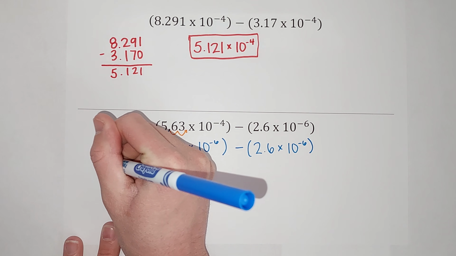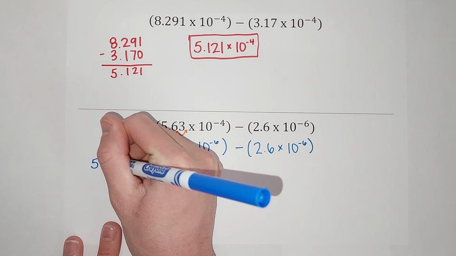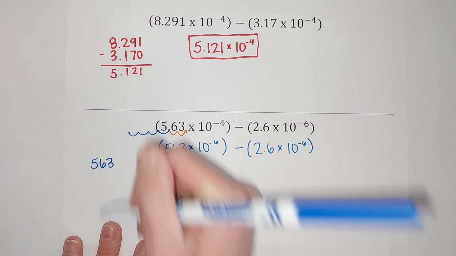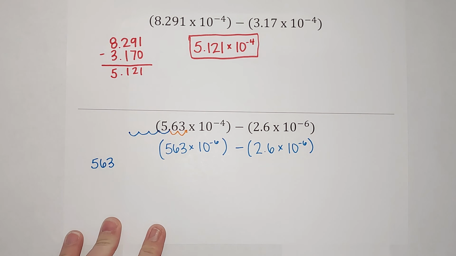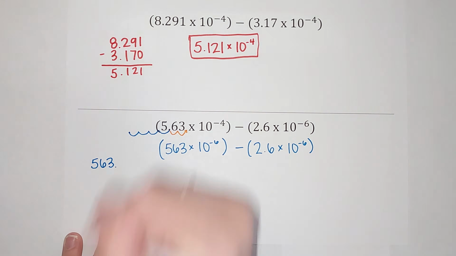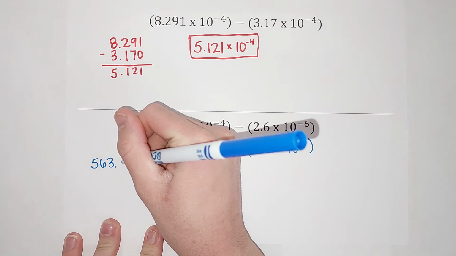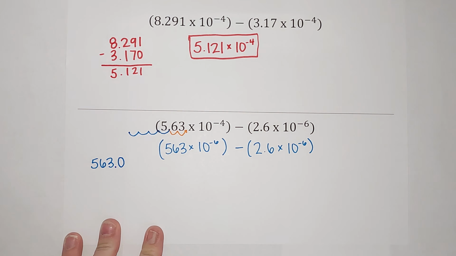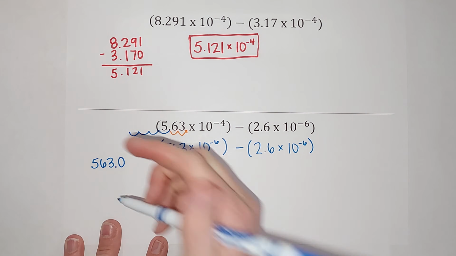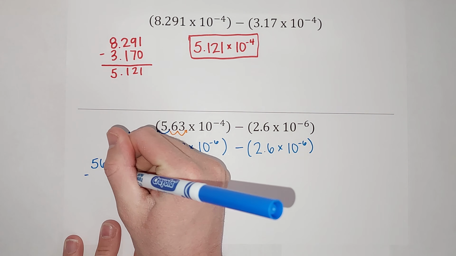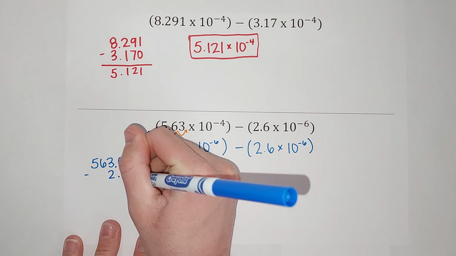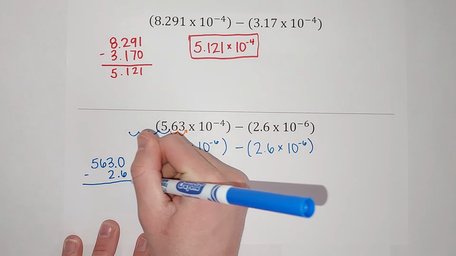So again, I'm going to line up my decimals. I've got 563, which doesn't look like it has a decimal, but if it doesn't, that just means it's on the end, right? And I can put a 0 here. And then we are subtracting 2.6, making sure we line those decimals up.